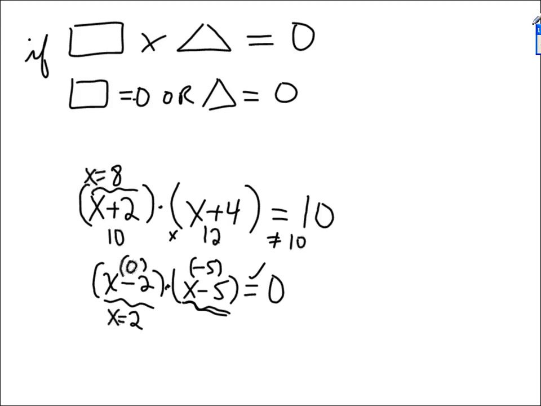And if instead I said x is now 5, well, 5 minus 2 would be 3, and 5 minus 5 would be 0. And 3 times 0 is 0. The x can be 2 or x can be 5.